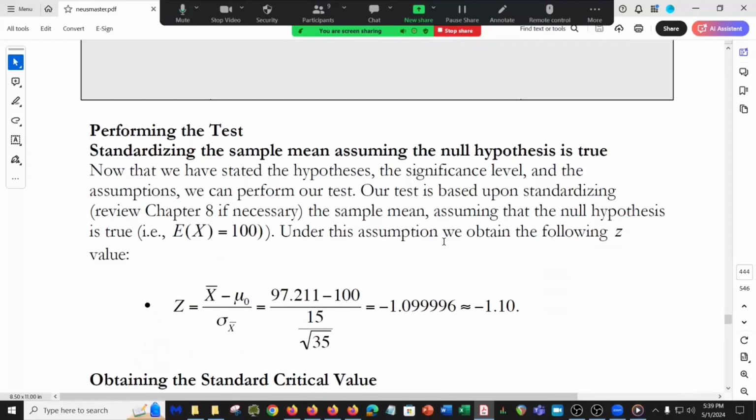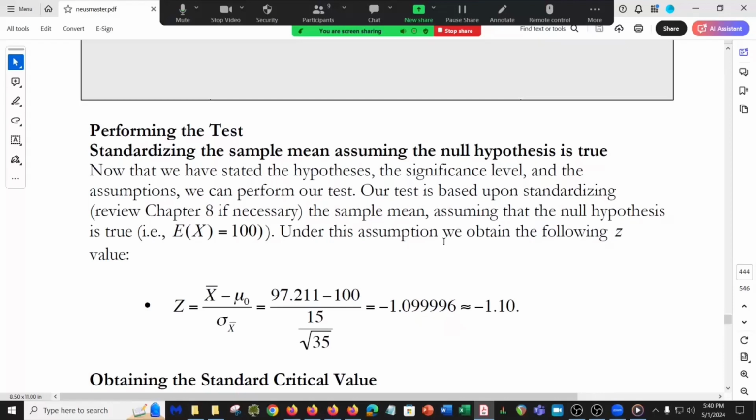The next thing we're going to do is perform the test. And so we will standardize the sample mean, assuming the null hypothesis is true. Now that we have stated the hypotheses, the significance level, and the assumptions, we can perform our test. Our test is based upon standardizing the sample mean, assuming that the null hypothesis is true.